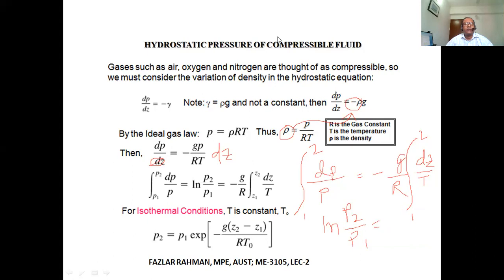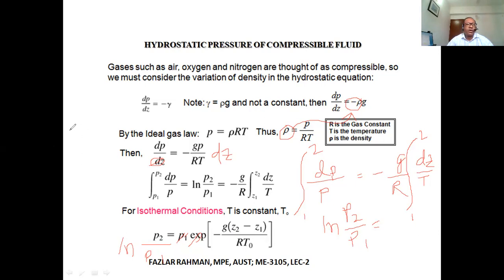Say this P1 we keep at the bottom. This is ln of P2 by P1 and minus g by R T naught. If T is constant, then you will have z2 minus z1, right? Now, what is this one? EXP, the exponent, e to the power this much.